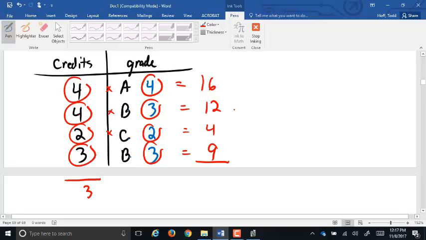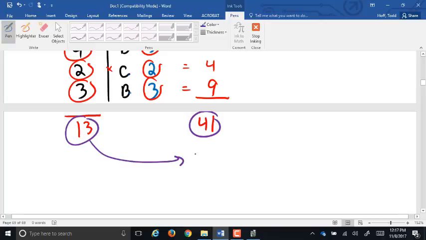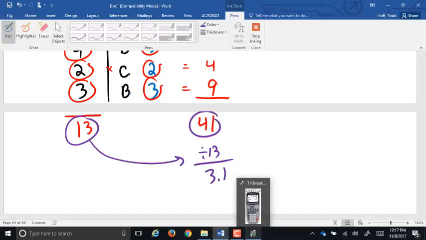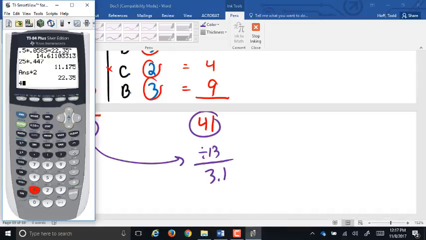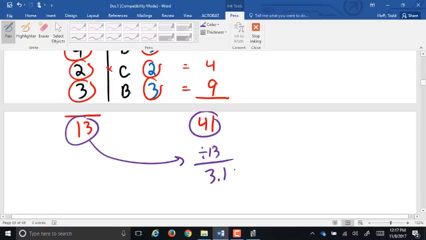Are we with me so far? Okay. So we add up that total. So 16, 28, 32, 41. And we divide the 41 by the total weights of 13. 41 divided by 13 is like 3.15 something. I'll do it out here. 3.15. It's close enough. That's the GPA.